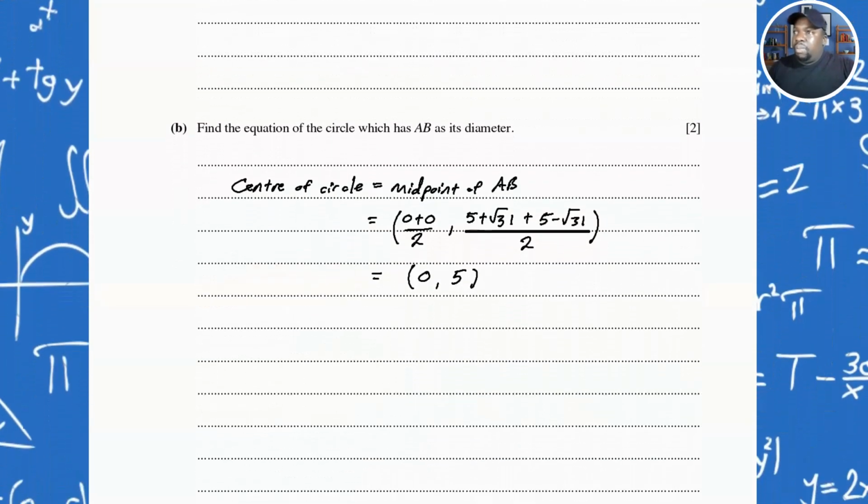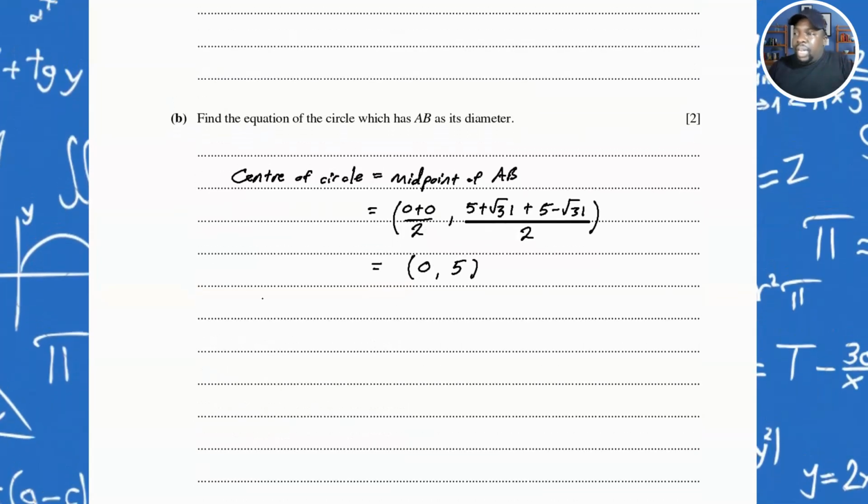Now let's talk about the radius. Since AB is the diameter and we have the coordinates of A and B, to get the radius, remember A and B are on the y-axis, on the vertical axis. So we can simply find the length of AB, and the radius is half of the diameter, which is half of AB.